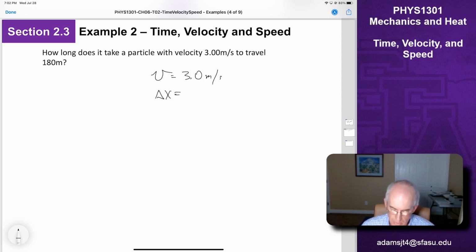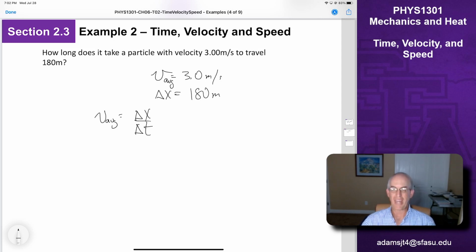It's 180 meters. And so I write out V average, and in this case we're going to assume that this particle is moving with some average velocity 3 meters per second. So when I write out the definition again, average velocity equals delta x over delta t, I'll see that the how long part of the question is asking for delta t. I just have to isolate that algebraically.